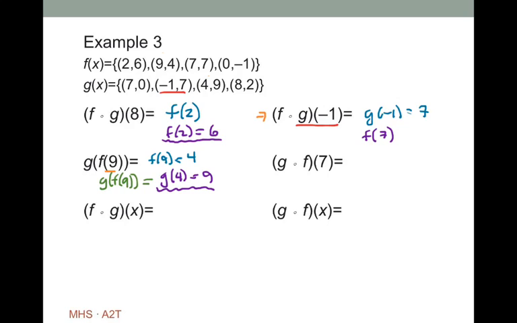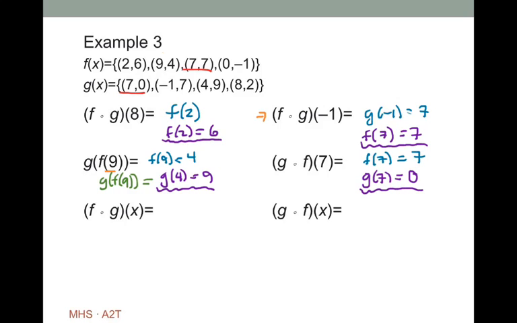Remember, you go right to left on this, kind of weird, but you evaluate f of 7 first, and you plug that result into g. So f of 7 is 7, and you plug that value into g, and for the x value of 7 for g, you should get 0. Okay, so f of 7 is 7, g of 7 is 0.